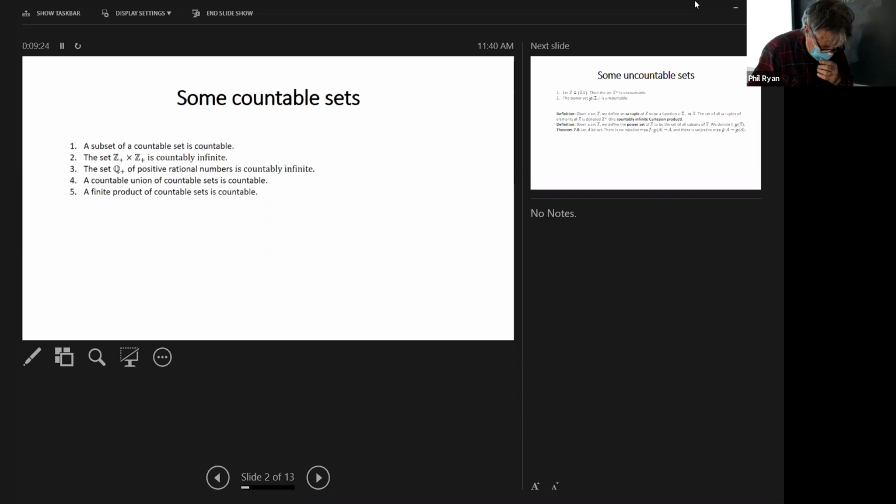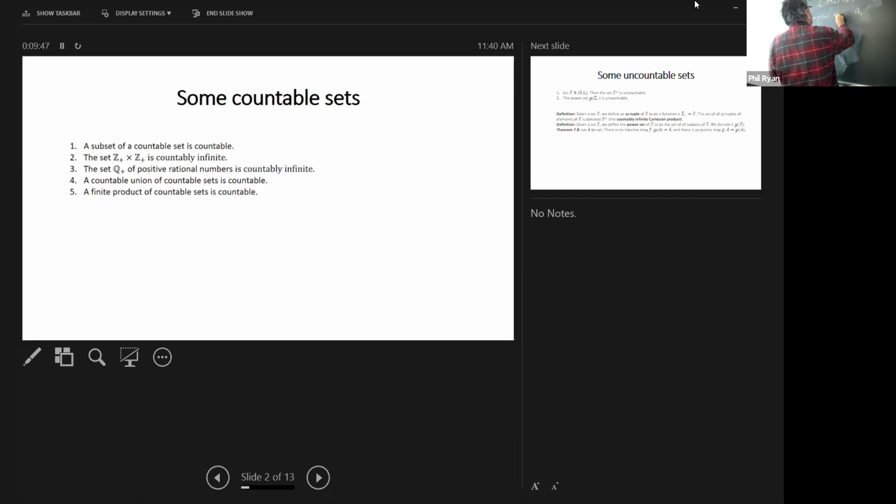So therefore, we want to show that the union is countable. Since it's countable, there exists a surjection for each set AN.